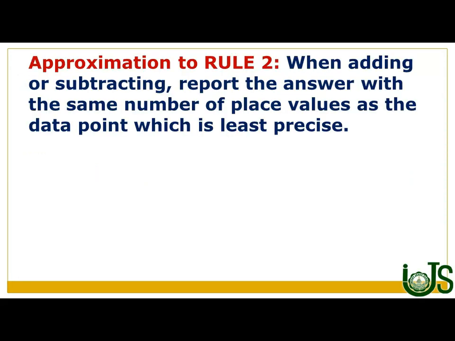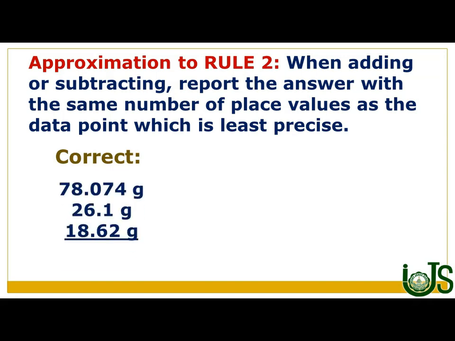Now based on rule 2, when you are adding or subtracting many data, you need to report your answer into the least number of significant figures. So this is how you're going to report your final answer. For example, you have 3 data.